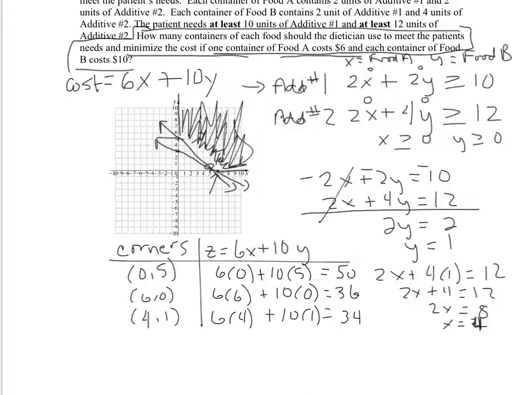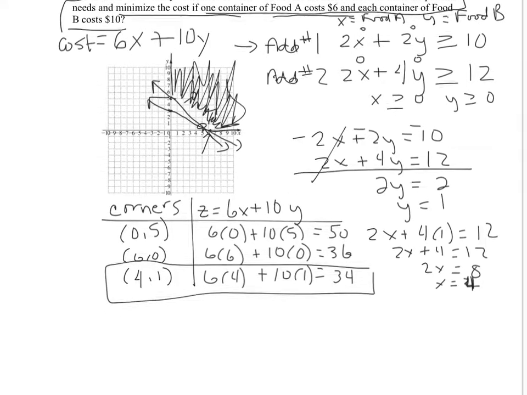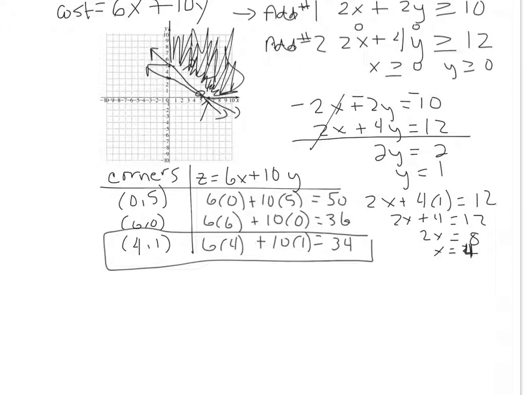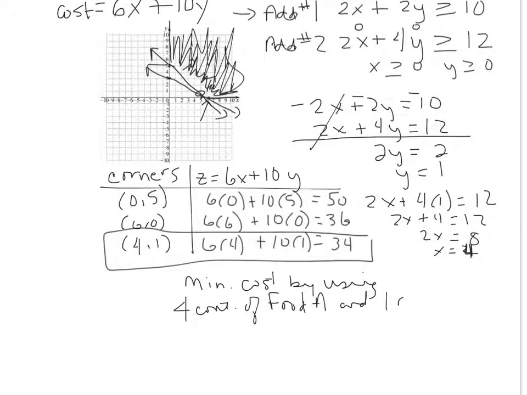And 34 is less than 36, so here's what we should tell the dietitian. You can minimize the cost by using 4 containers of food A and 1 container of food B. Then all the conditions have been met.